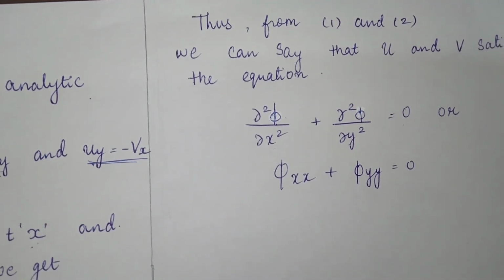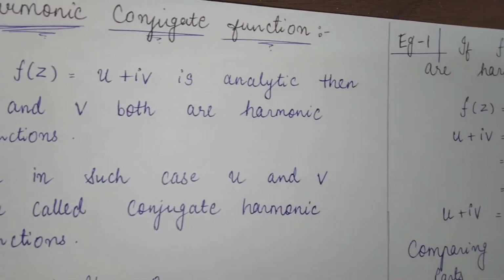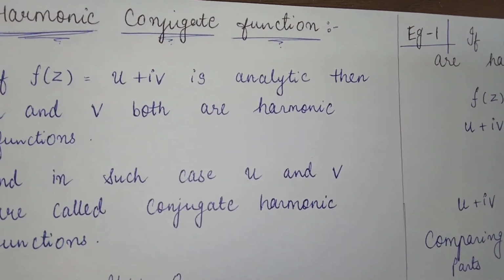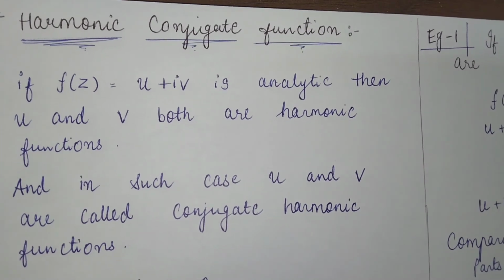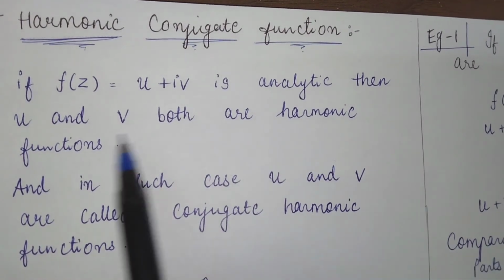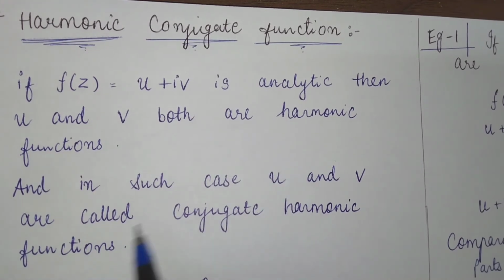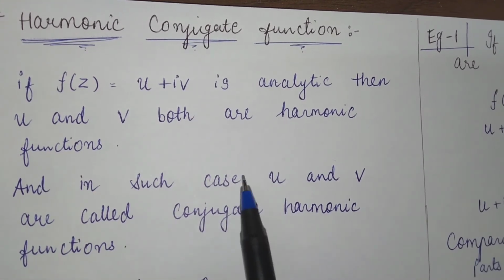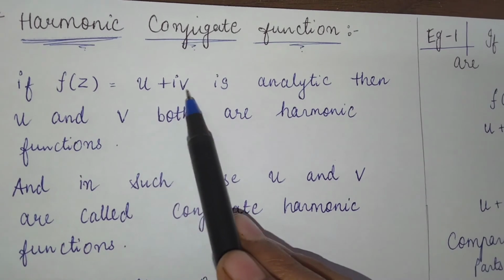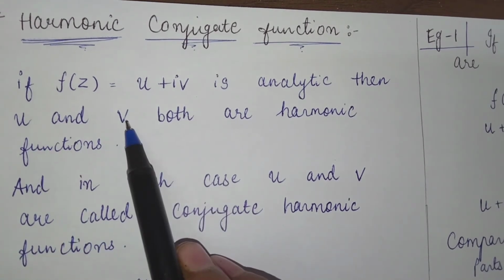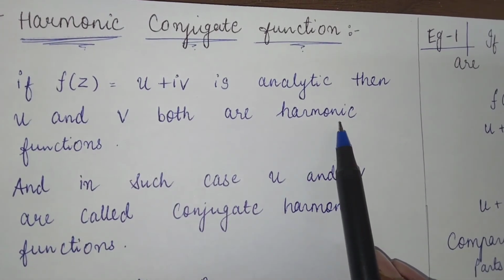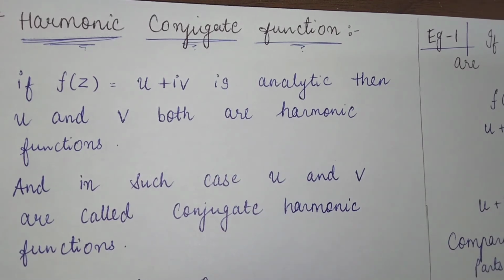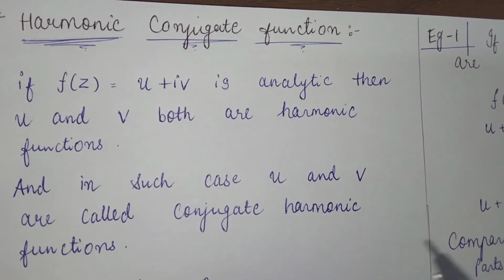Okay. Now, what is called the harmonic conjugate function? If f of z is equal to u plus iv is analytic, then u and v both are harmonic functions, and in such case they are called conjugate harmonic functions.